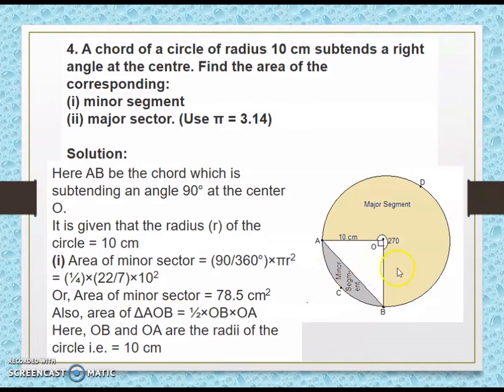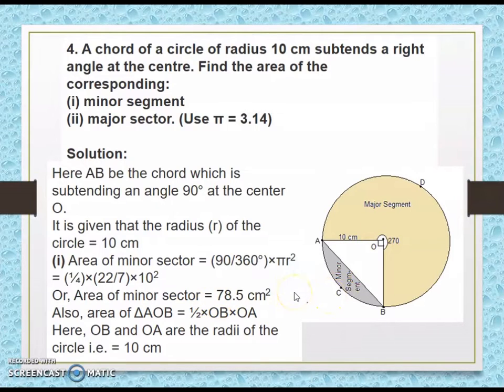Segment will be sector's area minus area of this triangle OAB. Now OAB is forming a right triangle because this angle is 90 degree. So area of triangle OAB will be half into base into height. Base is also 10 and height is also 10.